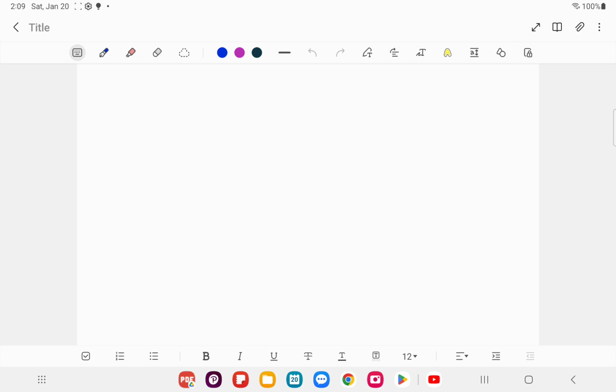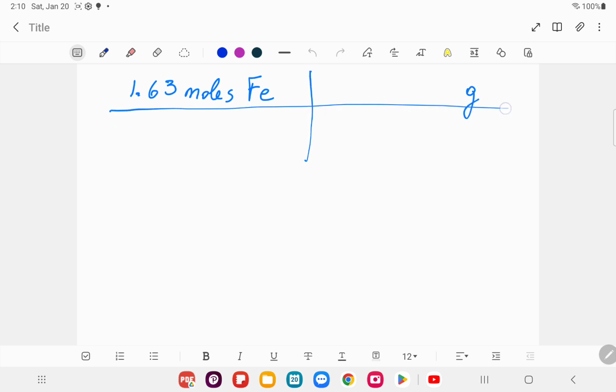Let's say that I have 1.63 moles of iron, and I want to know how many grams are there. So this is where you show this cross here. Again, this means a parenthesis, this is times, and this is the other parenthesis.